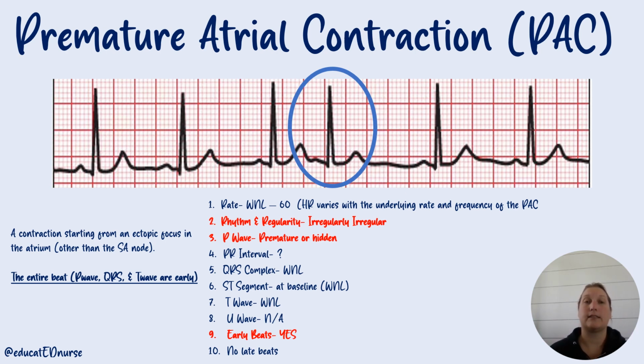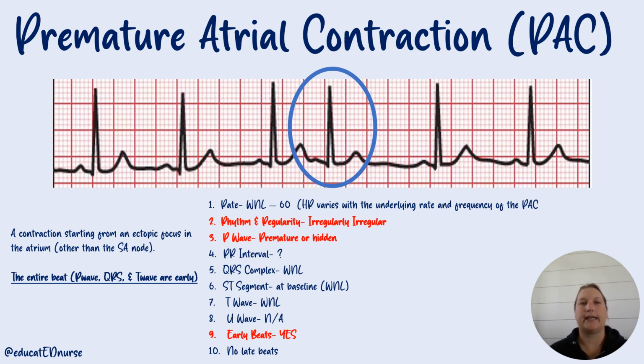However, there are some instances where the rate might be abnormal, and that's going to depend on what the underlying heart rhythm is. If you have a patient who is in normal sinus rhythm and they're having an occasional PAC, their rate is probably okay. But you can have PACs with other dysrhythmias, which could cause the underlying rate to be elevated or low, depending on what that is.